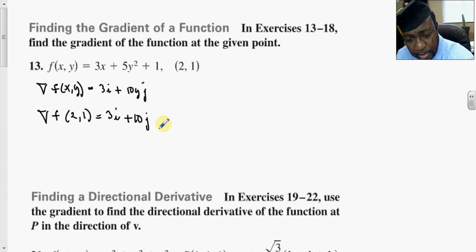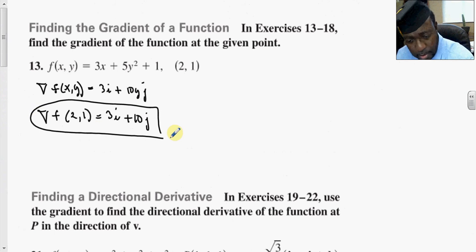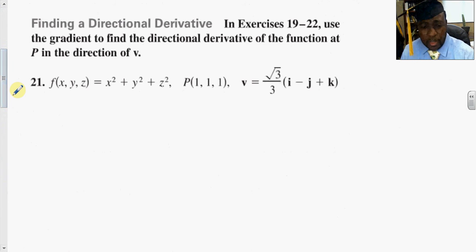That's just 10j. Well, there's nothing to that. Now let's find the directional derivative by using the gradient.